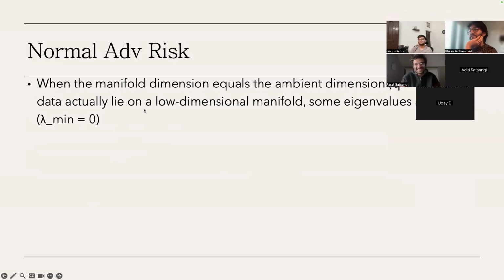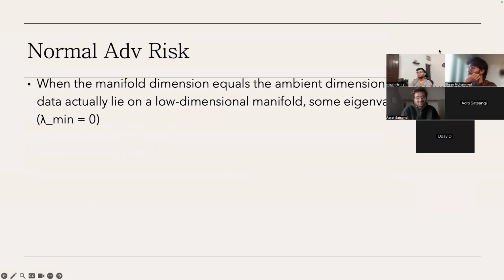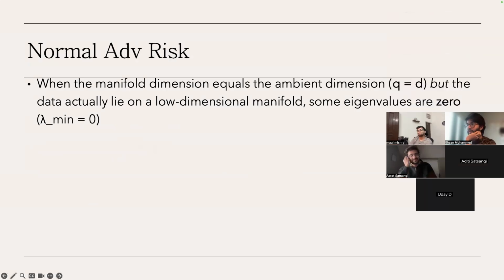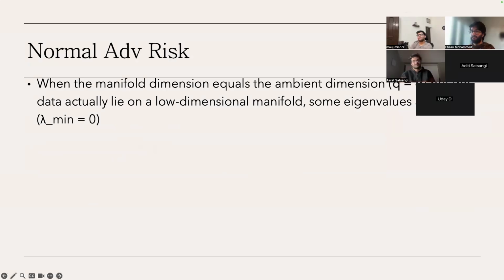Anyways, when the manifold dimension equals the ambient dimension, which is Q in our case, but the data actually lies on a low dimensional manifold, then intuitively speaking, some of the eigenvalues are going to be basically zero. So the lambda values are going to be zero.